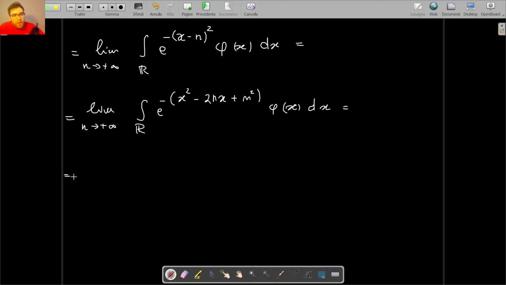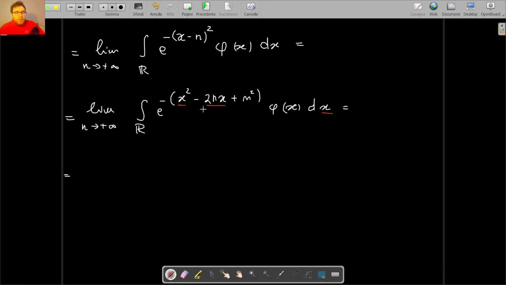Okay, then we observe in this exponential that actually only these two terms depend on the independent variable x. So we have a term which is constant with respect to the integration.